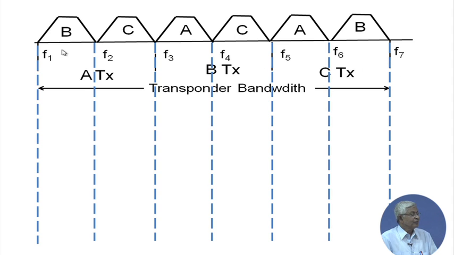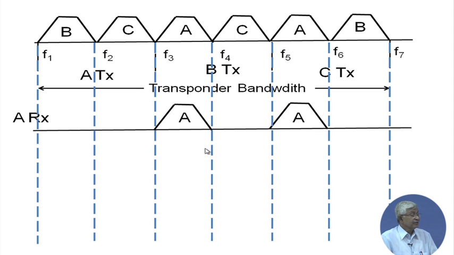At the downlink, it will look like the way the picture is shown: B, C, A, B, like that. The stations for which this band is meant: F1, F2, F3, F4. So when station A is receiving, he will look for the F3 which B is transmitting, and he will look for F5 which C is transmitting.